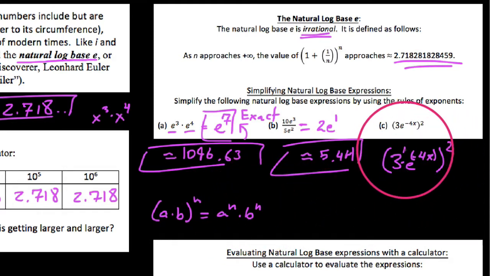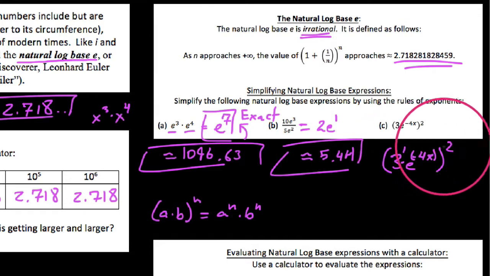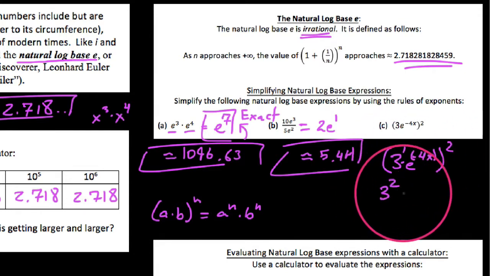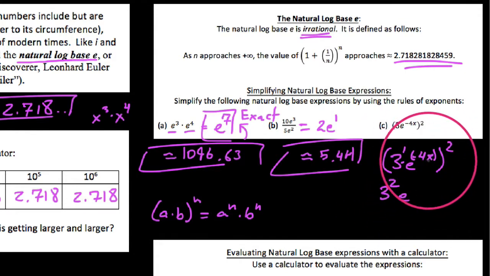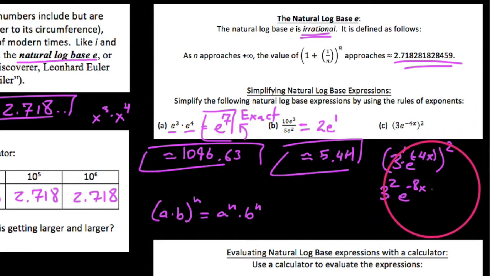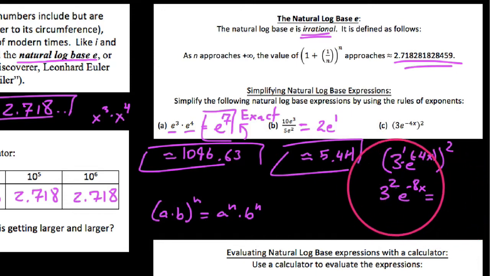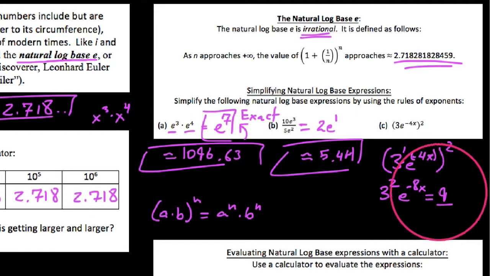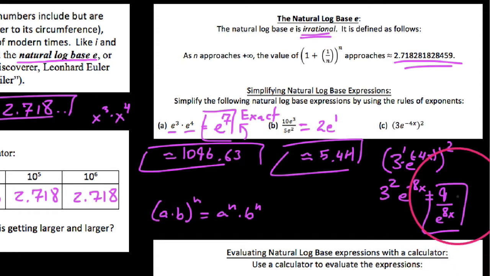So we get 3 to the 1 to the 2, which is 3 to the 1 times 2, so we get 3 squared. And then e to the negative 4x to the power of 2. We'll just multiply those: negative 4x times 2 is negative 8x. So to simplify this expression, we need to evaluate this 3 squared, which is 9. And we also need to take this e to the negative 8x and put it downstairs so that our exponent becomes positive again. But this would be our simplified expression right here.